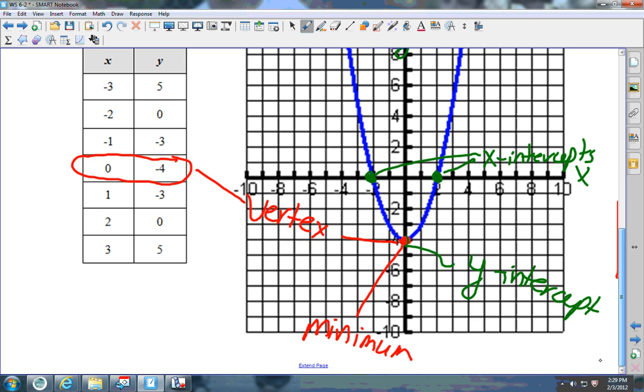That's where we fold this in half to make the parabola the same on both sides. Right here, this line right here, I can fold it, and this is where it's the same on both sides. This is my axis of symmetry. Well, remember it's x equals whatever this number is of the vertex. So it's x equals 0 is my axis of symmetry.